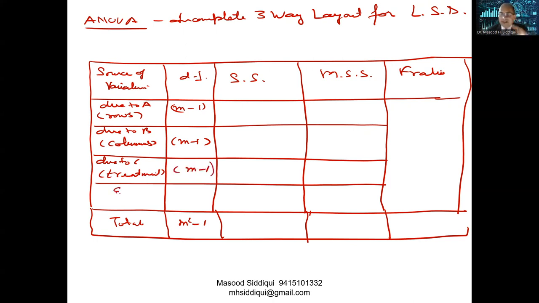The error degrees of freedom come from subtracting m minus 1 plus m minus 1 plus m minus 1 from m square minus 1, giving m minus 1 into m minus 2. This is SSA, SSB, SSC or SSTR, SSE, and the sum is TSS.